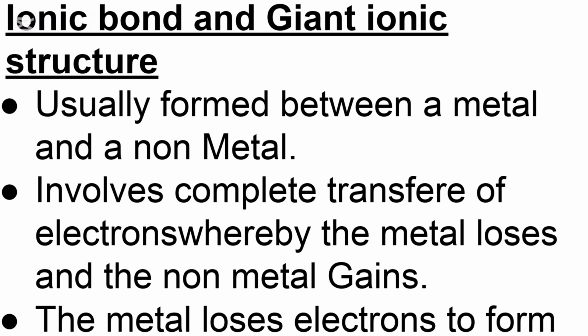Now, some facts about the ionic bond is that it's usually formed between a metal and a nonmetal. It involves complete transfer of electrons, whereby the metal loses electrons and the nonmetal gains those electrons.